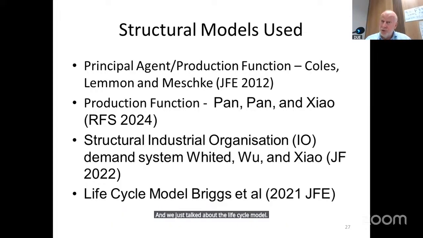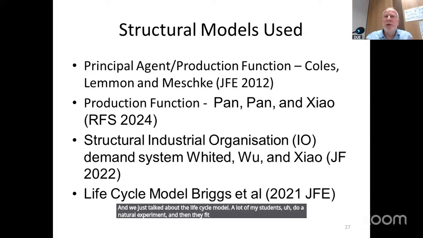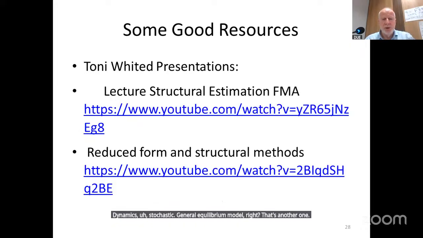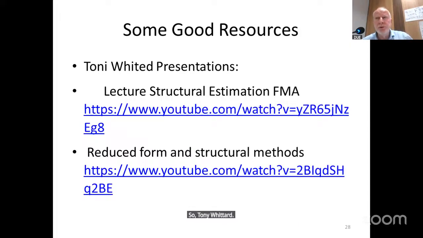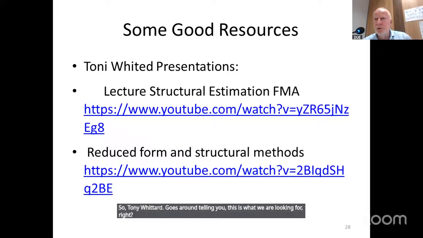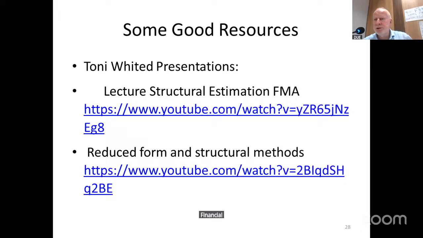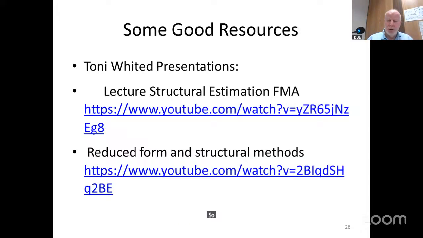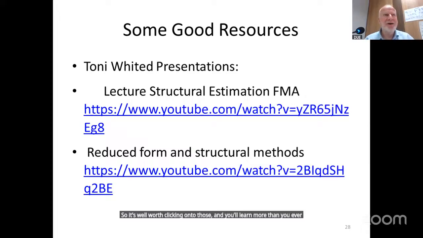A lot of my students do a natural experiment and then fit an environmental dynamics, stochastic general equilibrium model. That's another one. Tony Whitehead goes around telling you this is what we are looking for. She goes to the Financial Management Association meetings and gives like a 3-hour lecture every time. So it's well worth clicking onto those and you'll learn more than you ever wanted to know about reduced form and structural estimation.